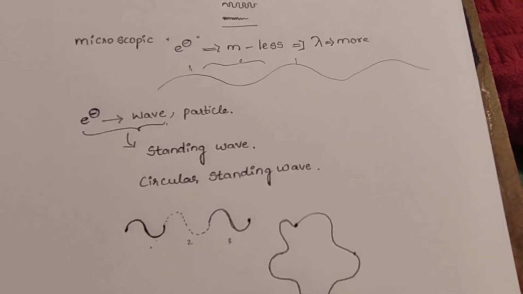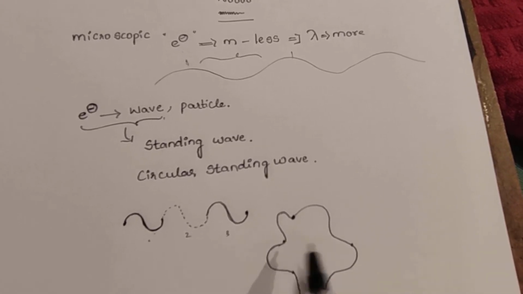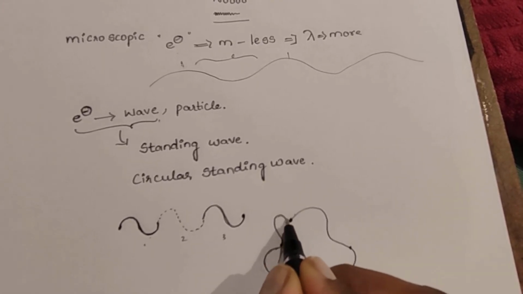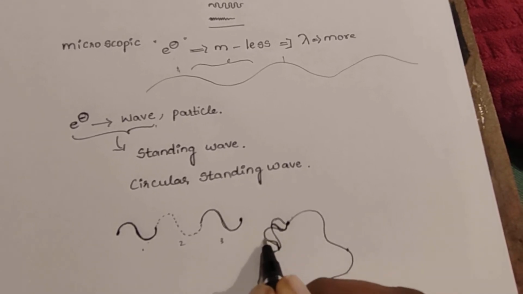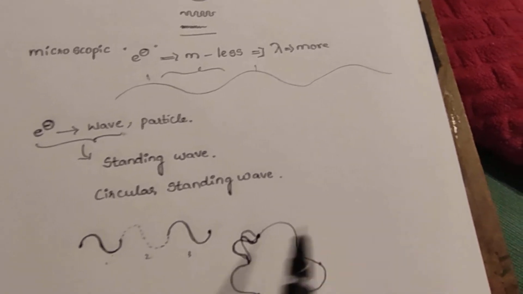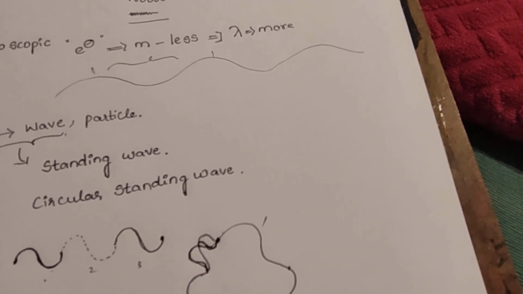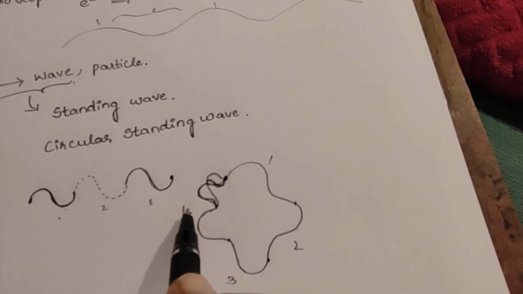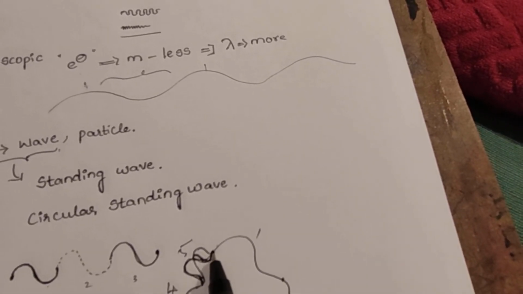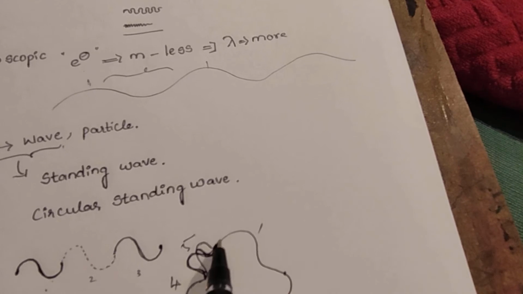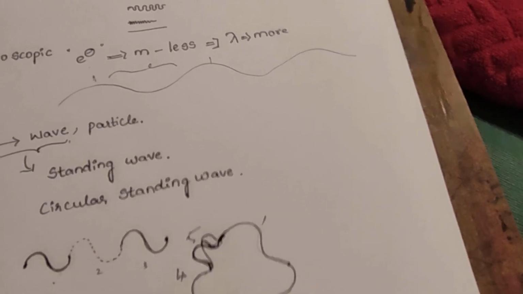Crest, trough, crest, trough, crest, trough, crest, trough, crest, and then trough. See, this is 1, 2, 3 and 4, 5. The fifth wave ending will be the starting of the first wave.